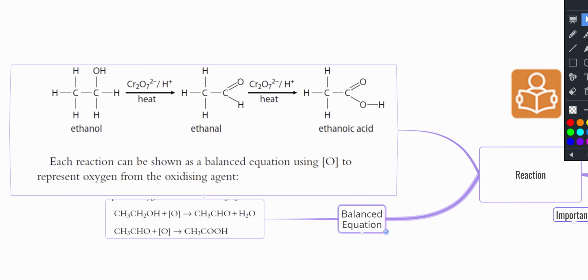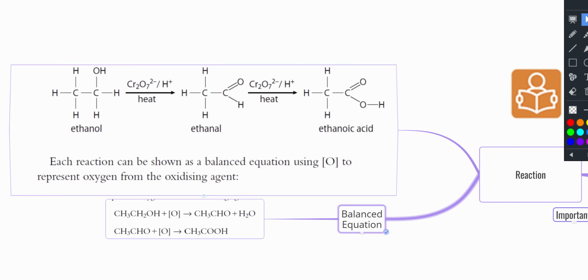Also, I would like to tell you something important here, and that is that H plus ions are needed along with the dichromate ions. When H plus ions are present along with the dichromate ions, the oxidizing agent is activated and it becomes an effective oxidizing agent.